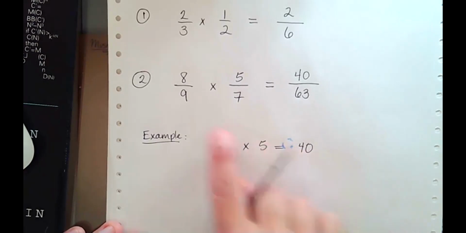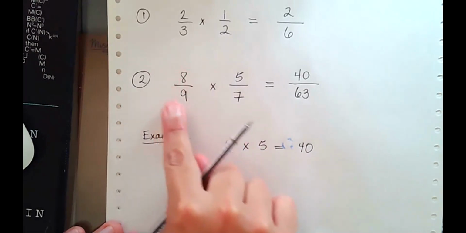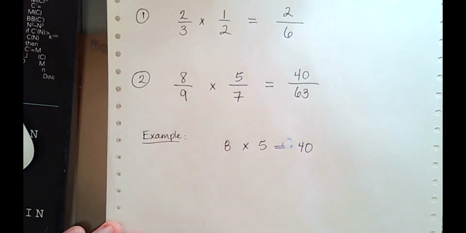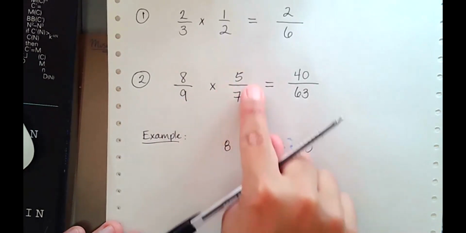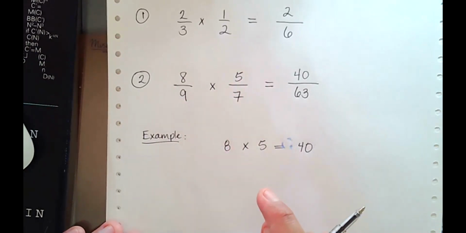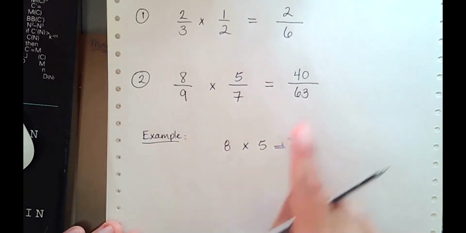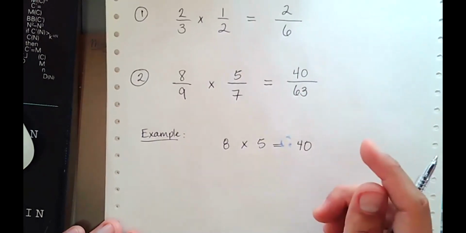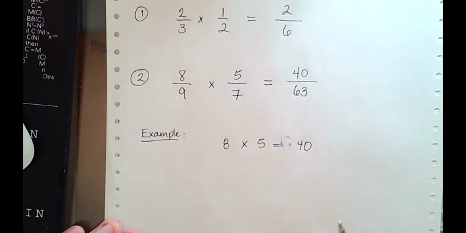But if we had 8/9, I'm not sure where that is on the number line just looking at it. I don't know exactly where 5/7 is on the number line. And I don't know where 40 over 63 is on the number line, right? These numbers are getting harder to interpret right out the gate.